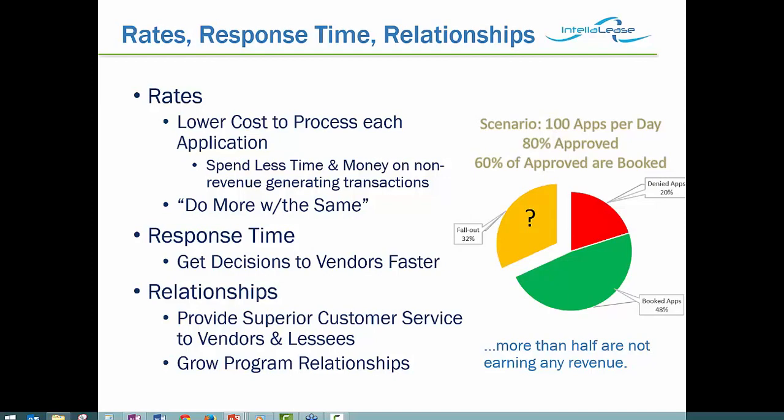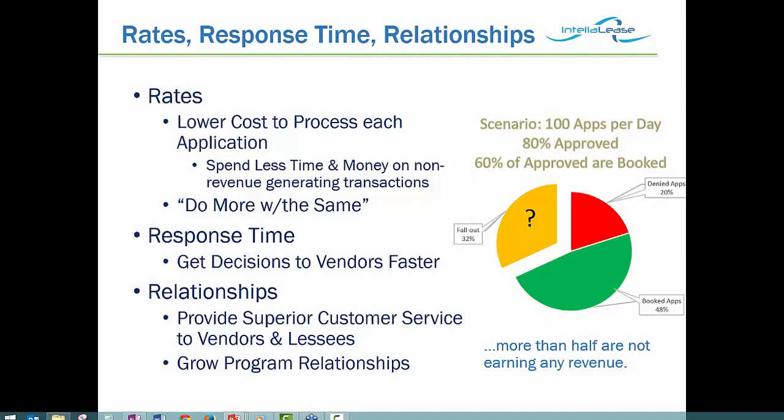Of those 80% that you approve, 60% are booked. These numbers may look like your numbers, they may not, but bear with me for the sake of the exercise. Some of the information is based on ELFA statistics that we've pulled from some of the research. But you can see here that 48% of applications that come through the door are booked.